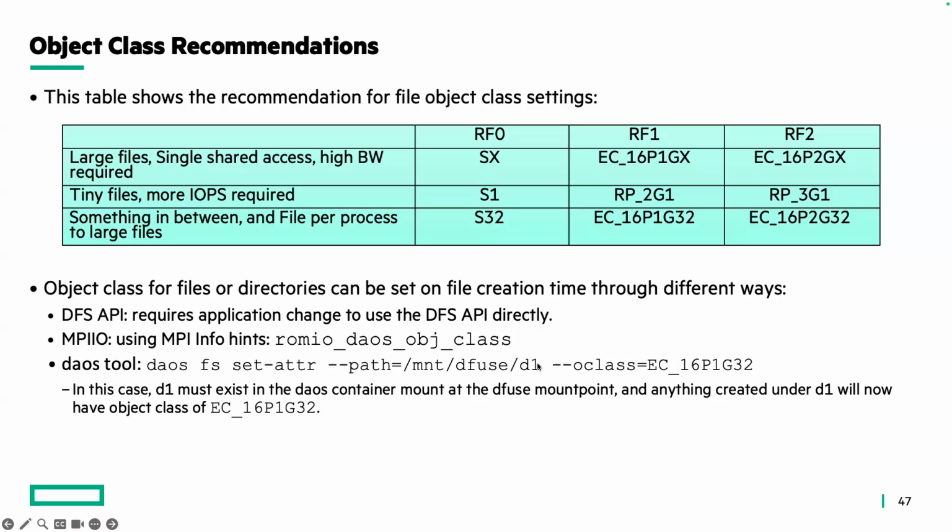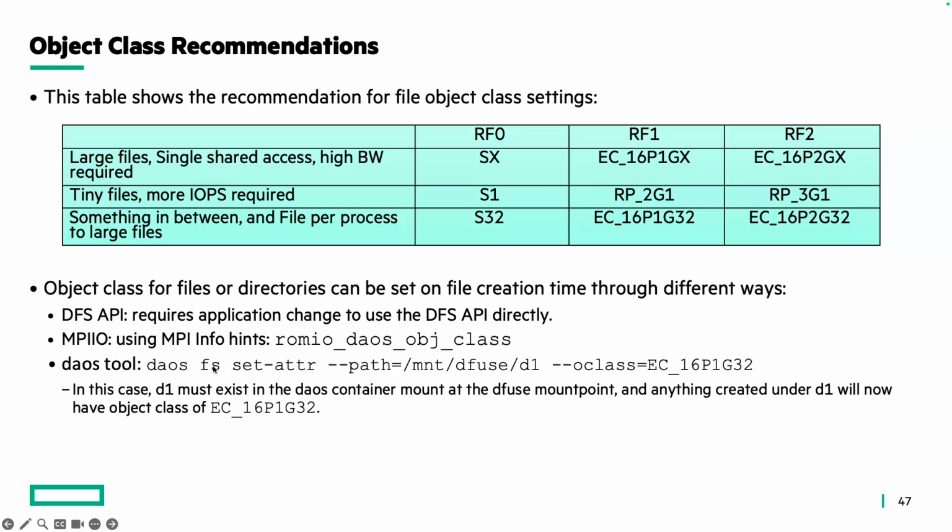So let's say you create D1, D2, and under D1 you create a file called file1. File1 will have this object class. You cannot change F1 anymore. F1's layout is set. What you can change is new files created under D1.